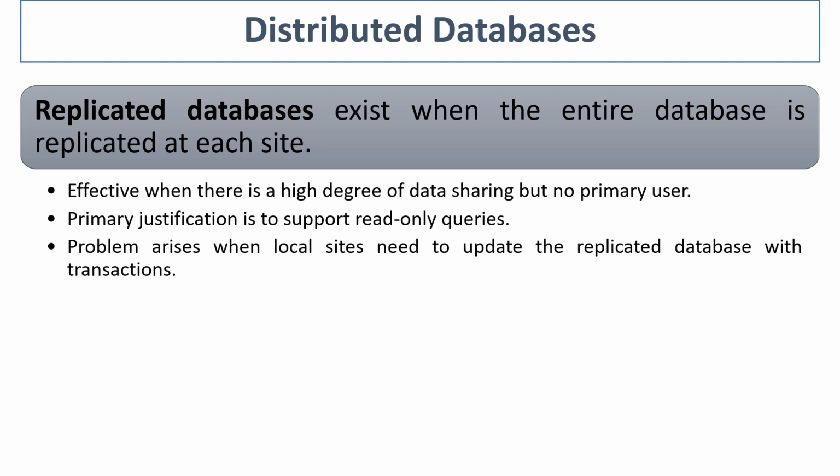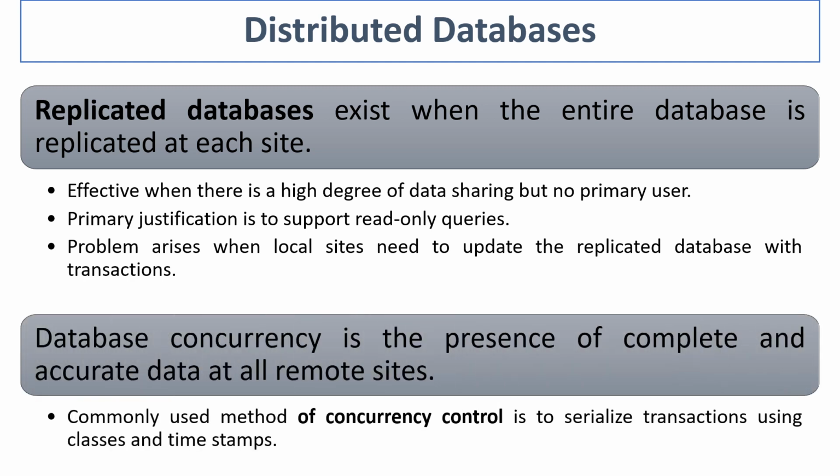The primary justification is to support read-only queries. The problem arises when local sites need to update the replicated data with transactions. Database concurrency is the presence of complete and accurate data at all remote sites. A commonly used method of concurrency control is to serialize the transactions using clocks and timestamps.